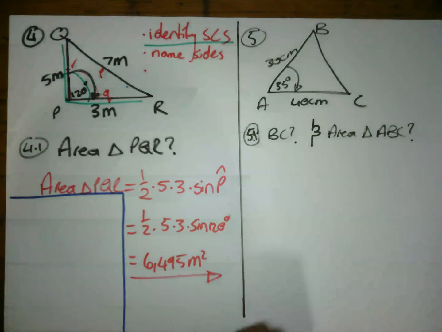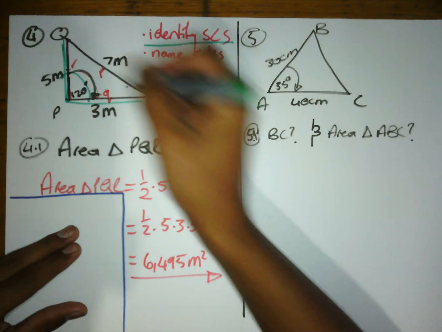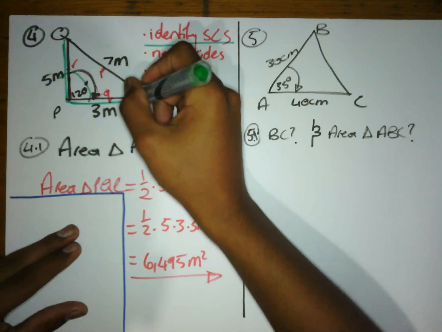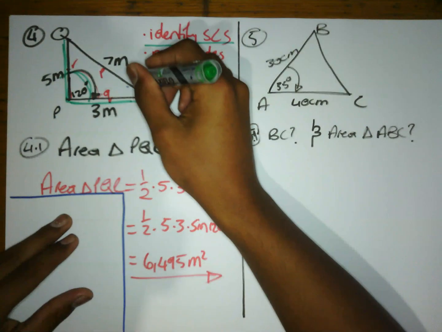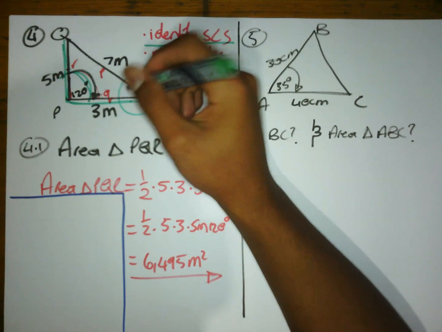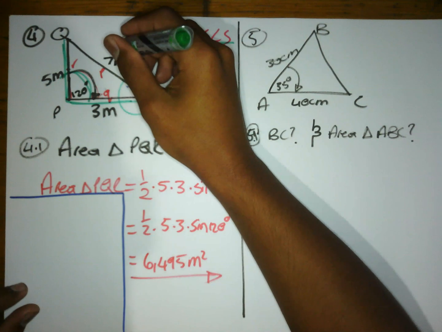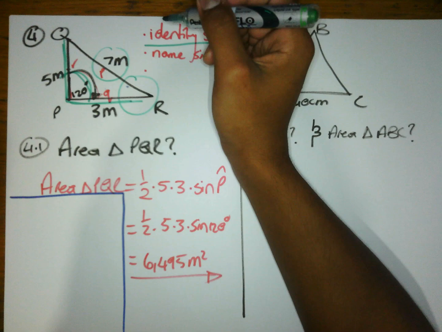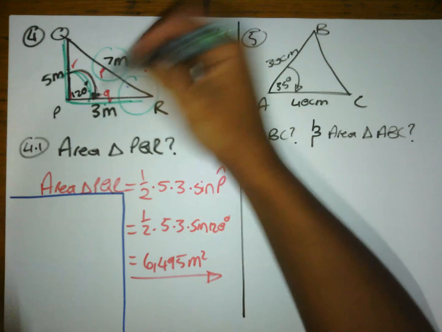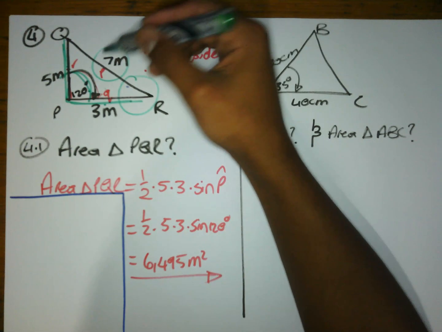So I will only use this side, and the angle that's between those two sides. Even if you have this angle here, you won't use that one. If you have the 7, you won't use that 7 because it isn't within your side angle side. That's why you don't use it.